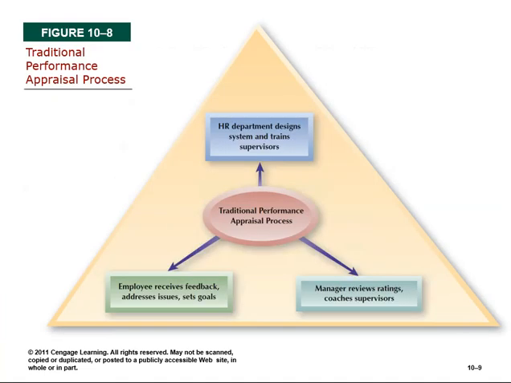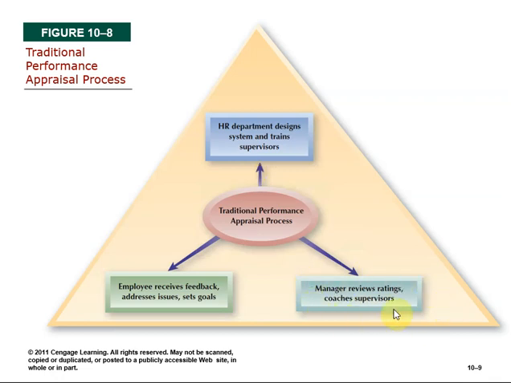This slide here outlines the structure of the traditional performance appraisal process. So if you look at it here, you can see that the HR department are the ones that design the entire system. They design the process that managers use, and they train managers on how to use the performance appraisal process.